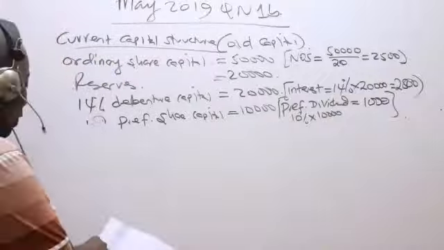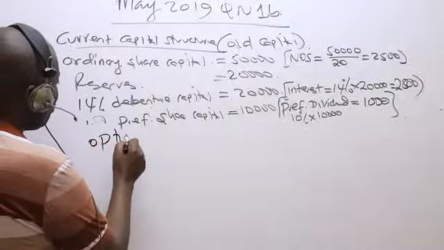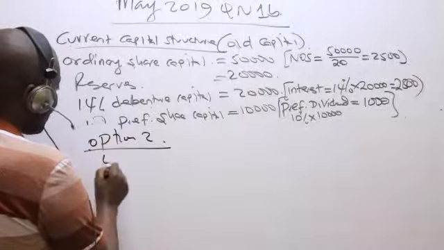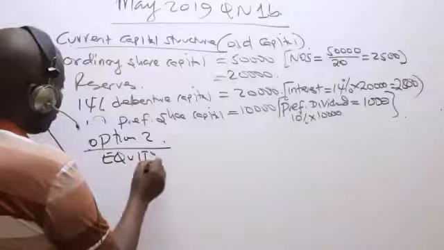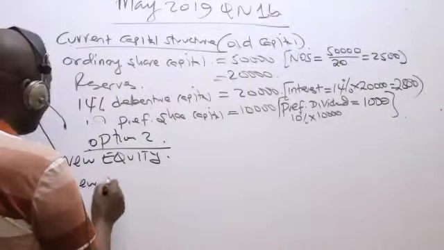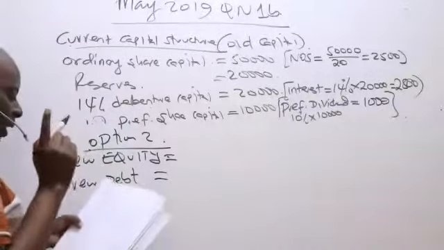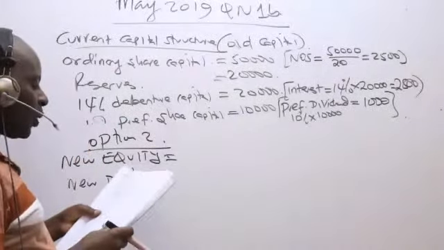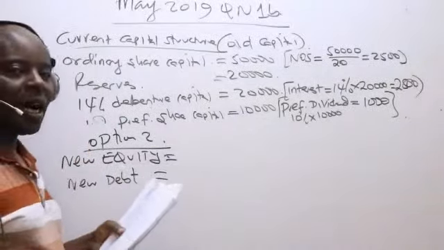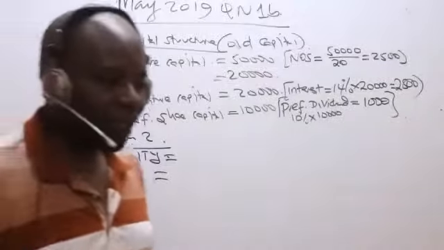Now let's go to the second arrangement. So option 2, now what happens? Try to understand option 2. We are going to have new equity and a new debt. Option 2 is to raise half of the funds.